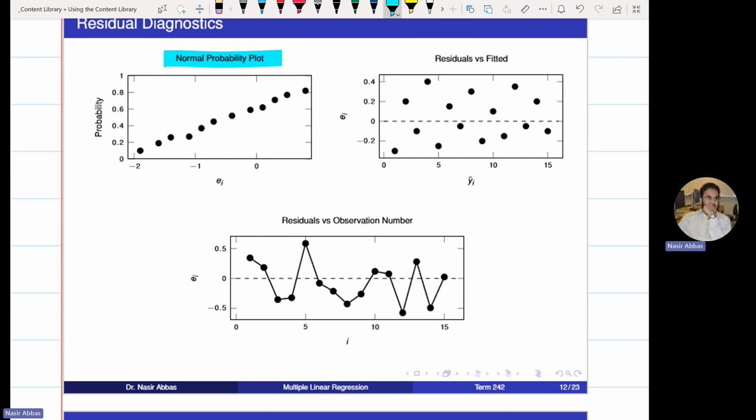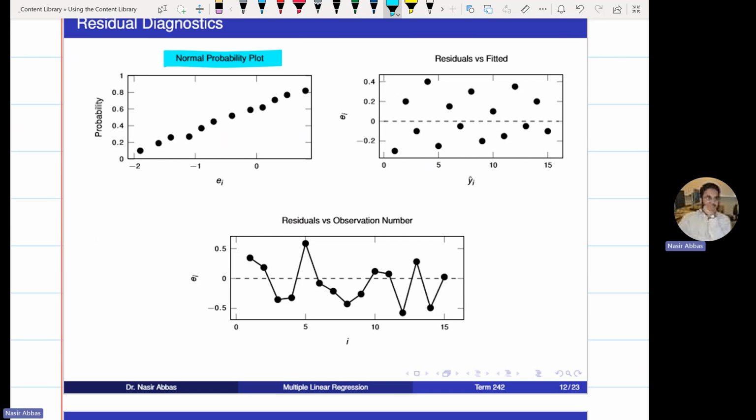In this graph, what we have on x-axis are the errors, and what we have on y-axis are what would be the errors if they were exactly normally distributed. We have the actual errors, and we have the errors if they were exactly normally distributed. So if you meet the expectation, the plot will be a straight line. But from the data, usually it is not a straight line, but it is close to straight line. If you are close to straight line, you are not far from normality.